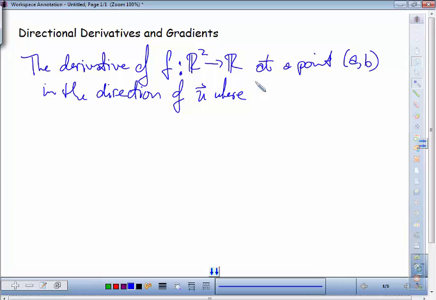and one restriction here is that we want u to be a unit vector. And let's give it a specific value, u1, comma u2 or something. So we want to make sure that we're looking at u as a unit vector.